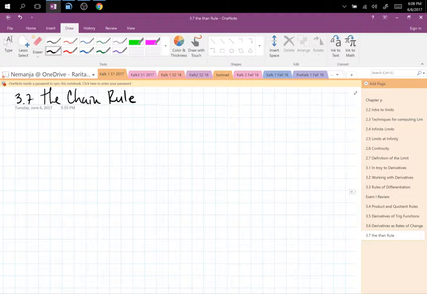It's very rare for you to take the derivative of just sine x or e to the x. It is more frequent to take the derivative of sine 2x or sine x squared or e to the tangent x. We are going to use function composition to combine two functions into a new function and then learn how to take the derivative of that.